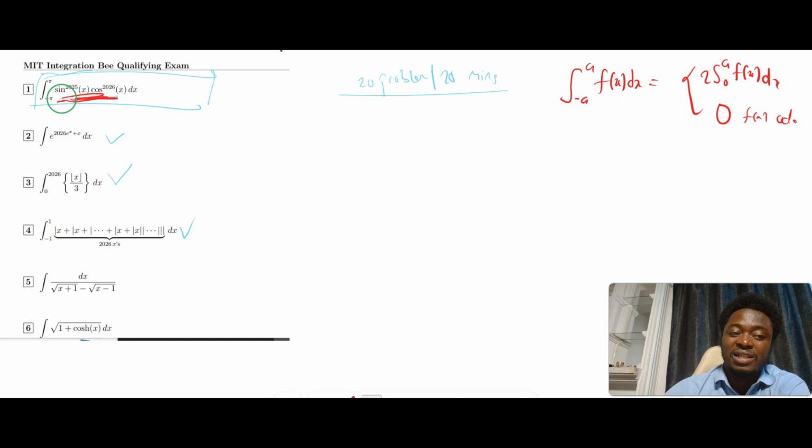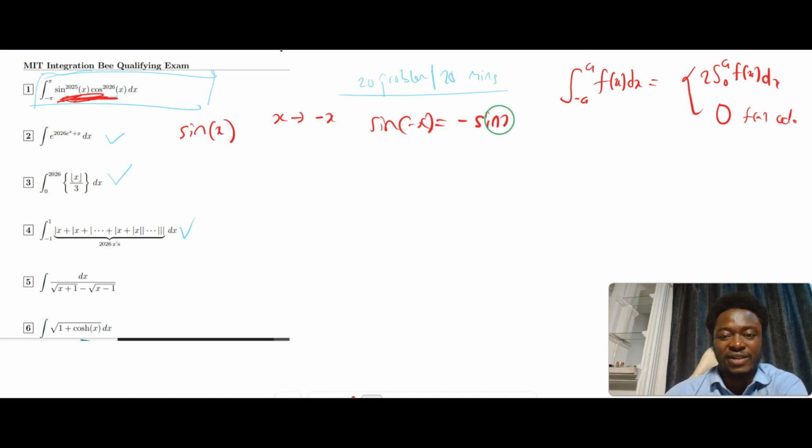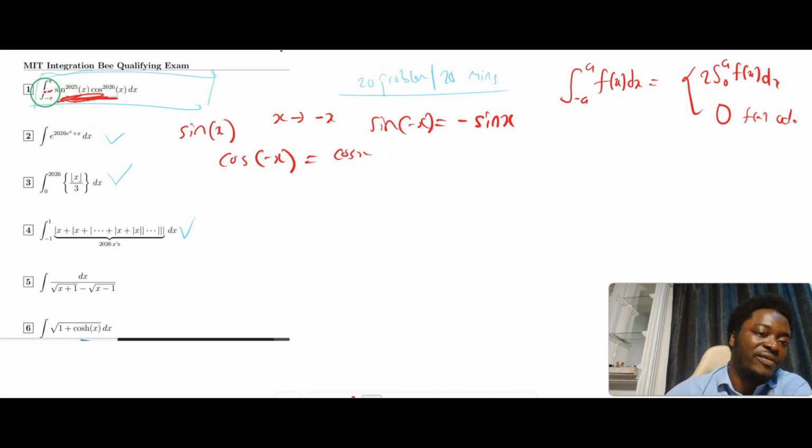And if we check here, this is actually an odd function, because for sine of x, if you take x to be equal to negative x, sine of negative x is equal to negative sine of x. So because there's an odd power here, you have a negative, but cosine of negative x is cosine of x, so you're evidently going to have a negative here.